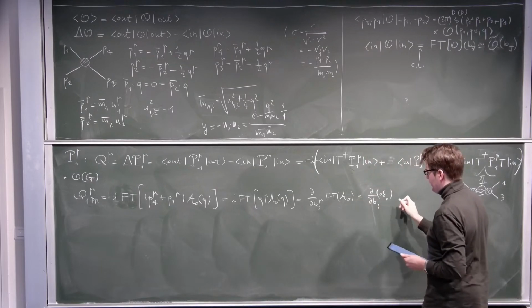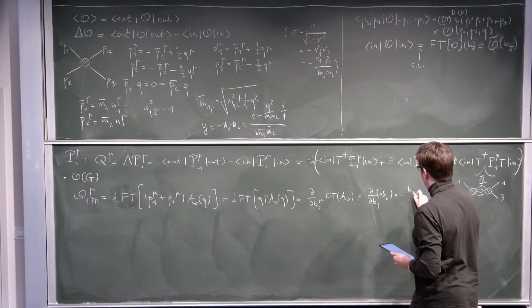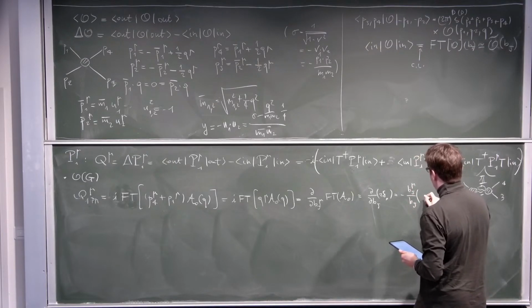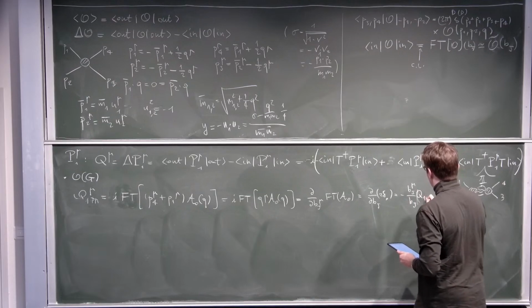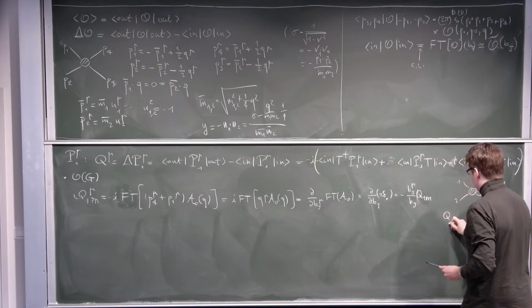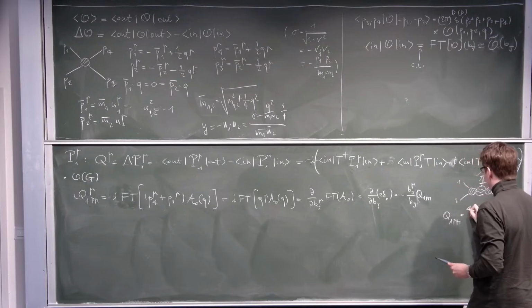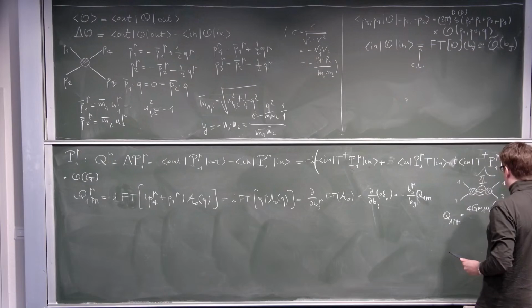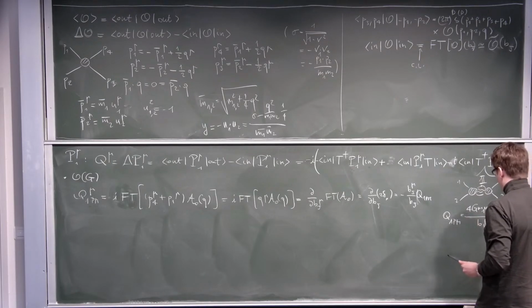So we recover indeed the same result that we had last time, minus dJ over b, q1pm, whose absolute value, let me remind you, is 4 G m1 m2 sigma squared minus 1/2 divided by b square root of sigma squared minus 1.